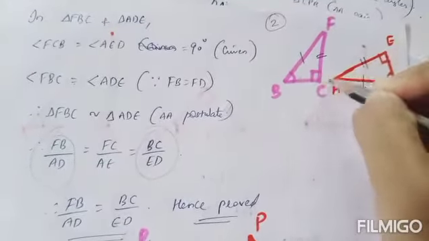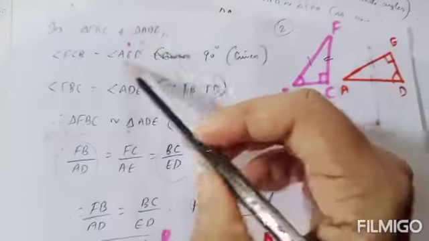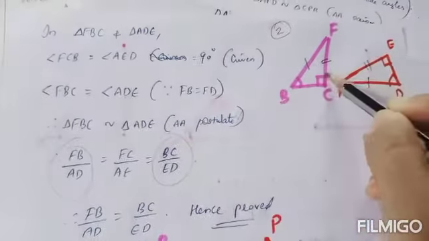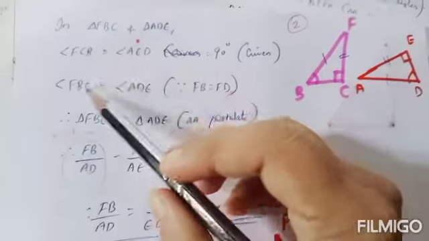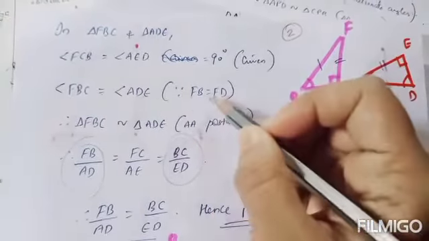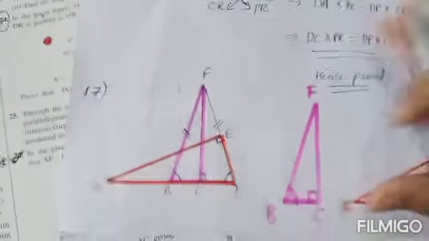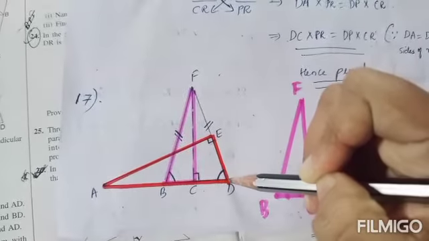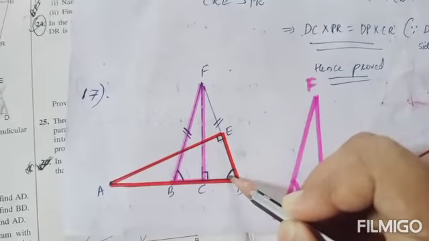So in the two triangles, FBC and AED, angle FCB equal to angle AED equal to 90 degrees. These two angles are 90 degrees. Now angle FBC equal to angle ADE, since FB equal to FD. We proved FB equal to FD, it is given in the question. So these two angles are equal.